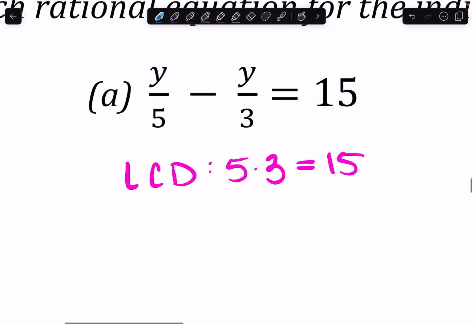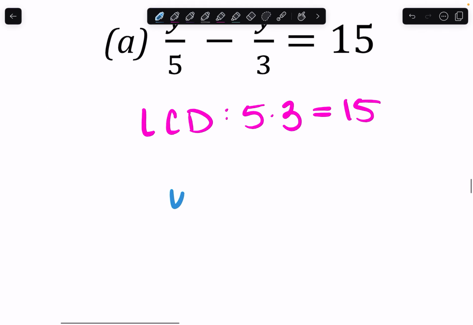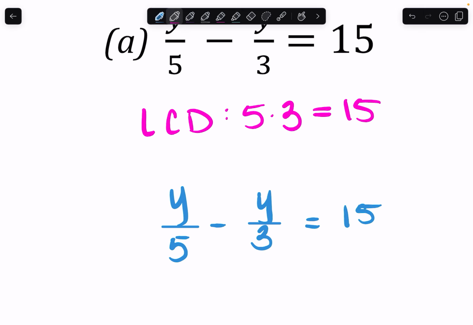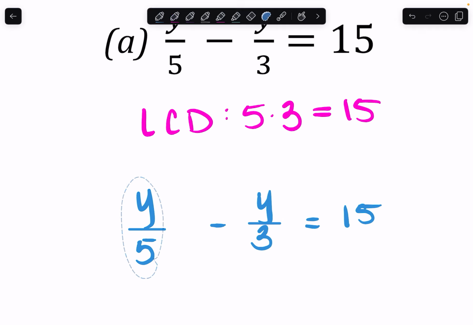All right, so I'm going to copy my equation down. So we have y divided by 5 minus y divided by 3 equals 15. We are multiplying both sides of our equation by the LCD. What that means is every term is going to be multiplied by it. So the y divided by 5 is going to get multiplied by the LCD 15.